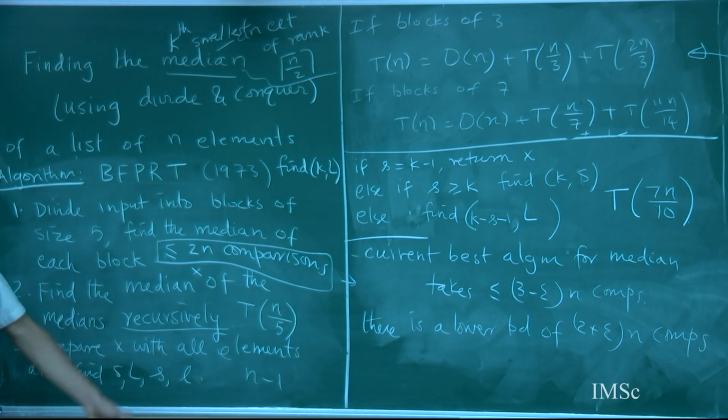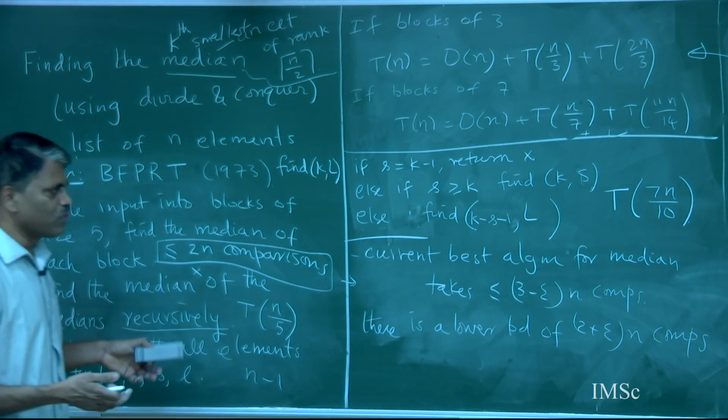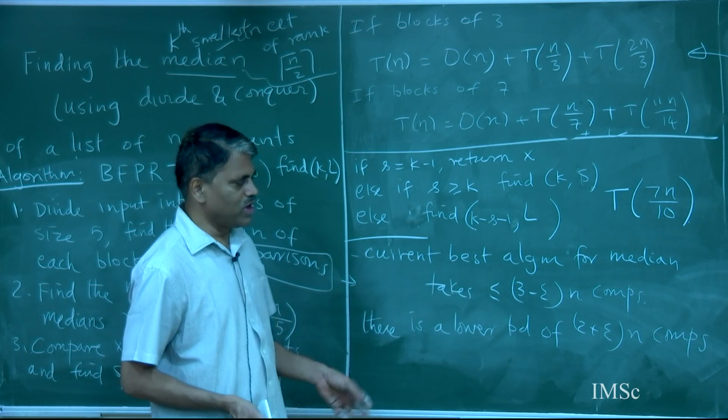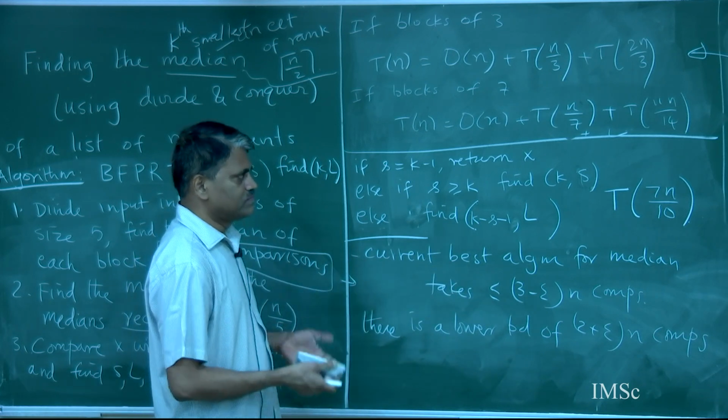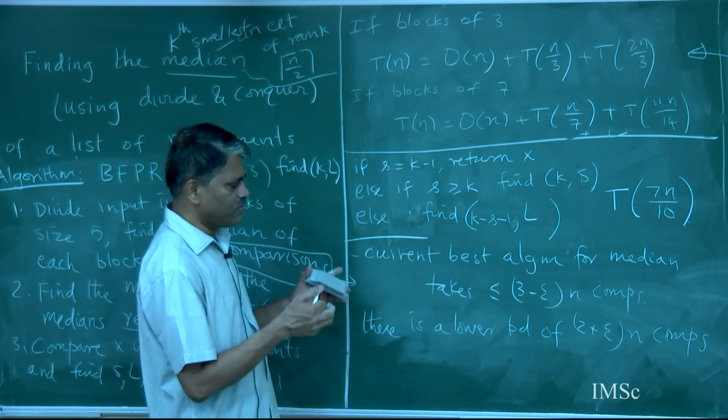We'll get to lower bounds sometime later, and we'll see a lower bound of, not so much as 3n, but at least 1.5n or something is required.